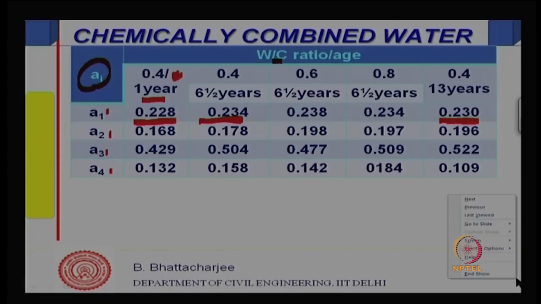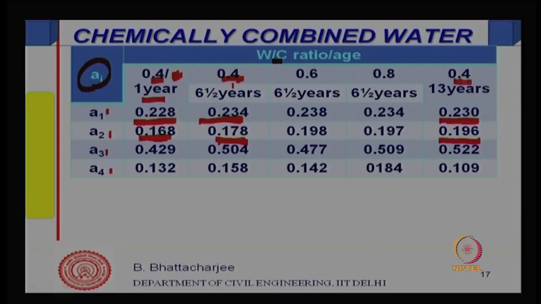So, for complete hydration one can nearly assume 13 years is a very long time, and the tests have been performed on individual compounds in this manner. A2 was for C2S, and in 1 year 0.168 grams of water reacted with 1 gram of C2S. In 6.5 years 0.178, and in 13 years 0.196, all this with 0.4 water cement ratio.